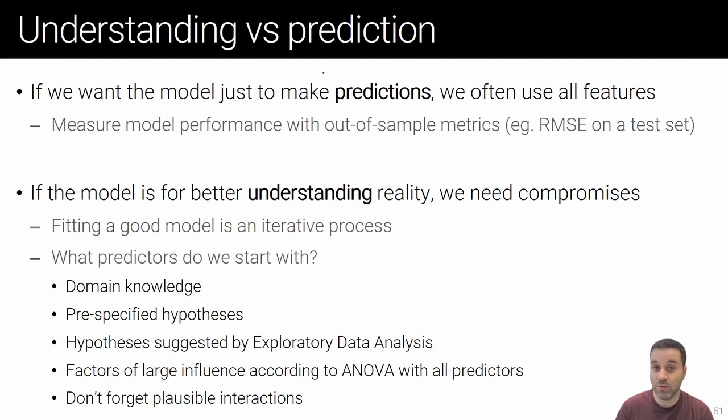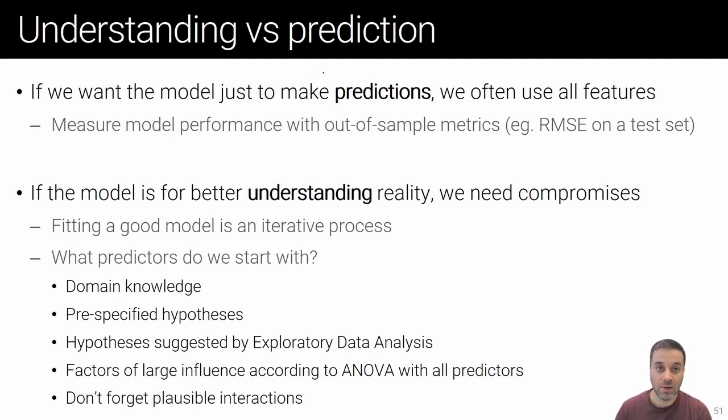We could just run an ANOVA model with all predictors and start with the ones that appear to have the largest impact on the response, the ones with the largest sum of squares, because those are in principle the ones that are going to allow us to explain where that variation is coming from. And of course, don't forget about plausible interactions between all these factors. It's not just about including all these different factors, it's about the possible interactions between them, if they are plausible or not.